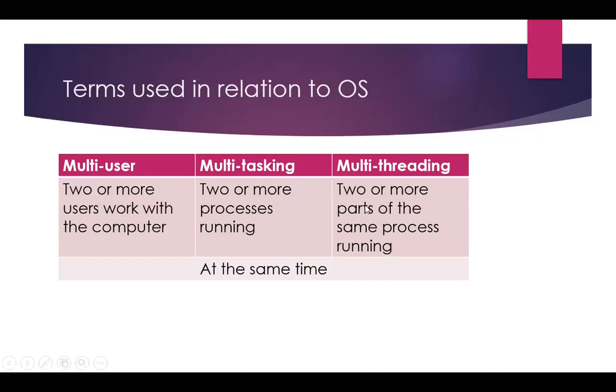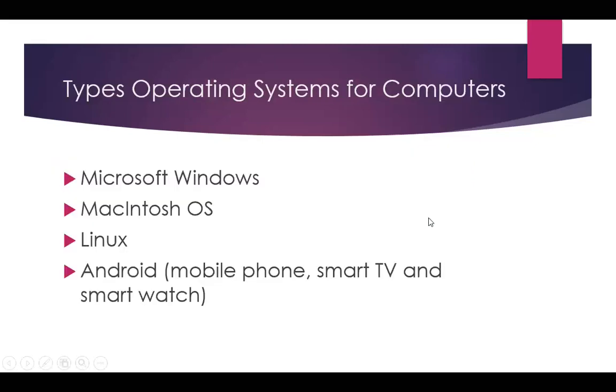And a particular process, in the advanced computers which are available nowadays, performs its function through one or more threads. So a particular process may be using two threads which are connected to the processor. So that is multi-threading.